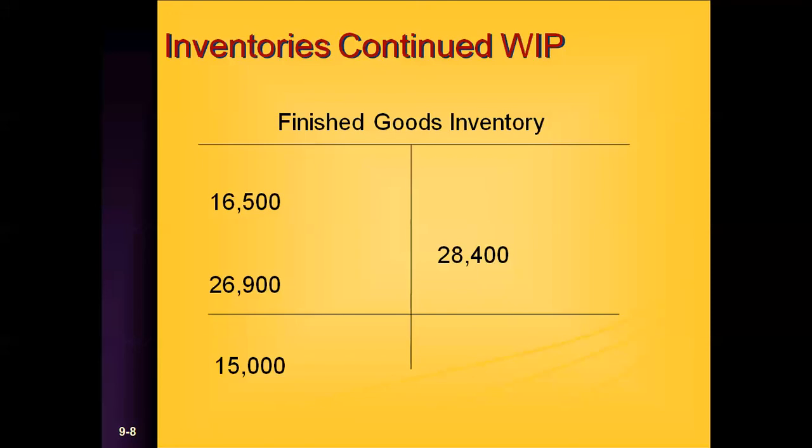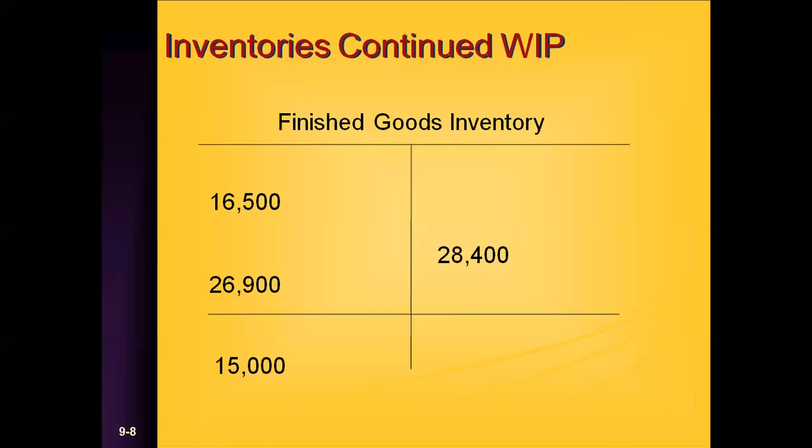Then as you add new finished goods to this account, you'd have increases, and that's what's reflected with the 26,900 when goods are transferred in.